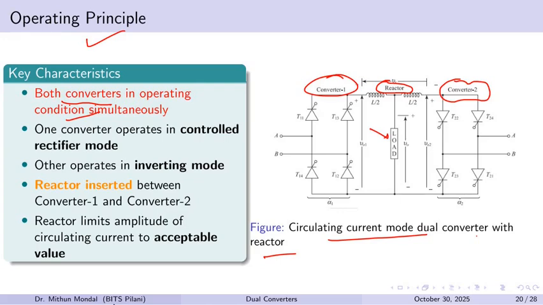One of the converters is operating in the controlled rectification mode, whereas the other is operating in the inversion mode. This reactor will limit the amplitude of the circulating current to a certain acceptable value. So the circulating current that may be flowing because of unreliable commutation will be controlled with the help of this reactor.